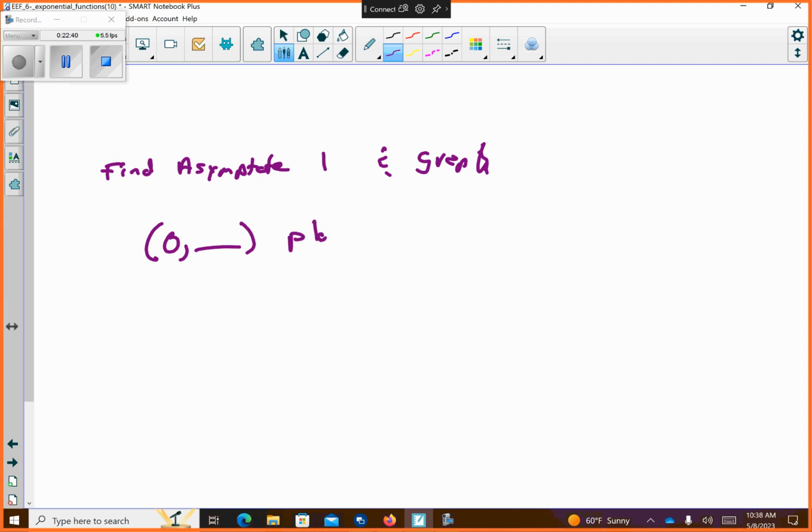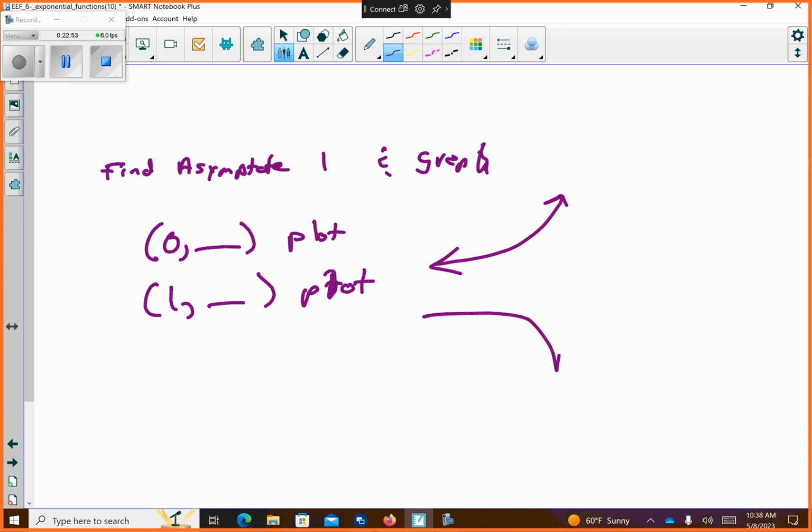Plot it. Plug in 1, comma blank, and plot it. Okay, and your graph is either going to look like this, could look like this, could look like this, or it could look like this. Okay? Everyone's going different ways, huh?